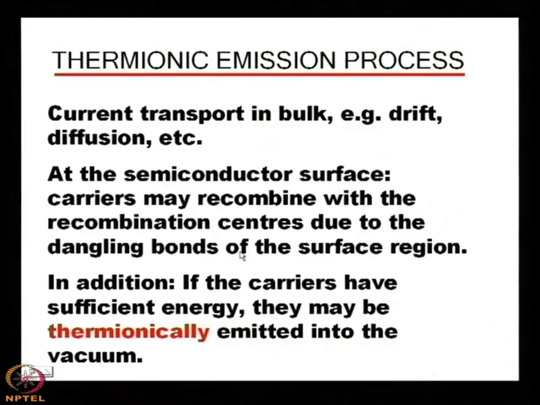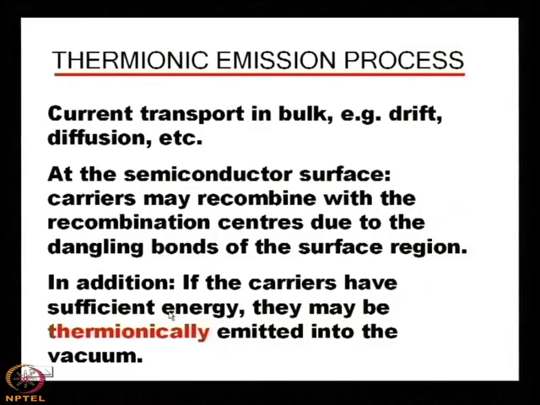So, the thermionic emission mechanism is applicable for the surface only. When metal and semiconductors are joined, it is the phenomena which are seen in the surface of the metal and the surface of the semiconductor. Bulk is not involved. That is why diffusion and drift is not there.